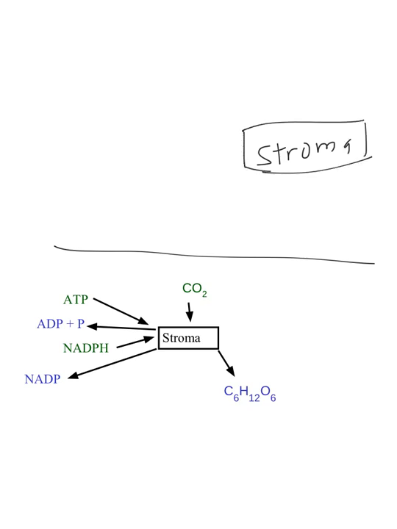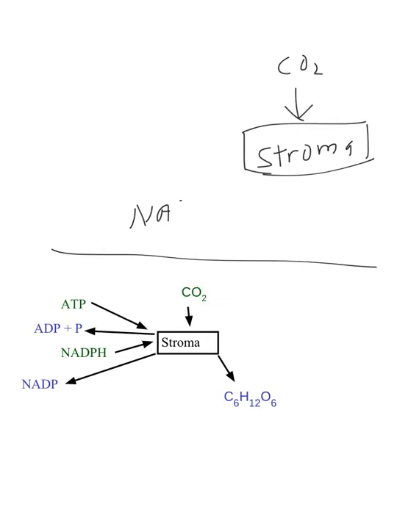Our purpose here is to make a glucose molecule, so we're going to need a carbon source and an oxygen source. So we're going to pump in some CO2. Now, glucose also has some hydrogen in it, so we're going to need a hydrogen source. Well, the hydrogen is going to be carried by NADPH.